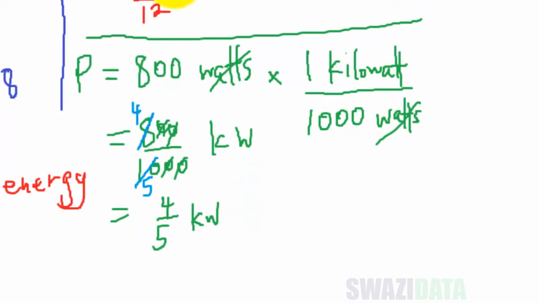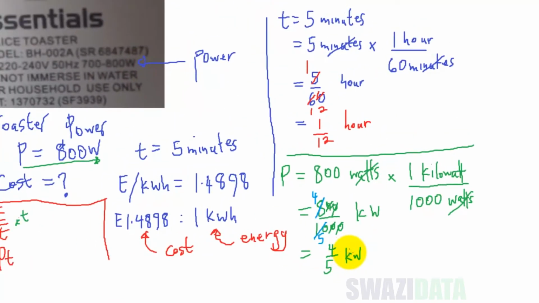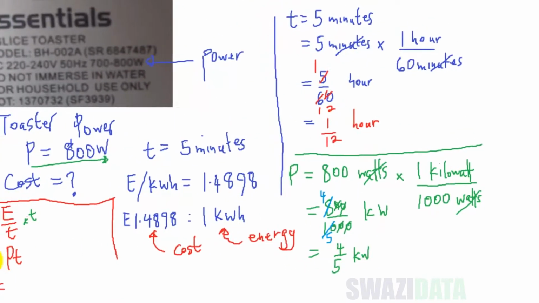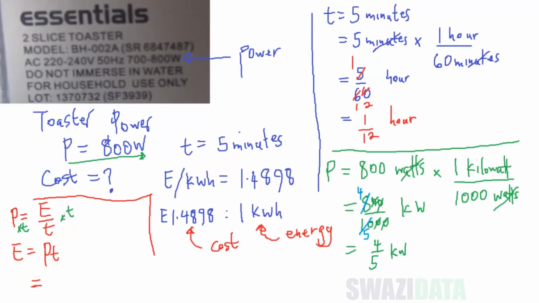To get kilowatt hours, we take P in kilowatts and T in hours to find the energy. P is 4 over 5 kilowatt multiplied by 1 over 12 hour.